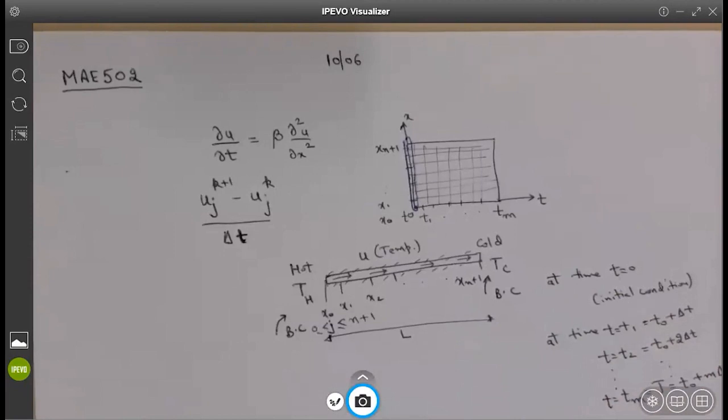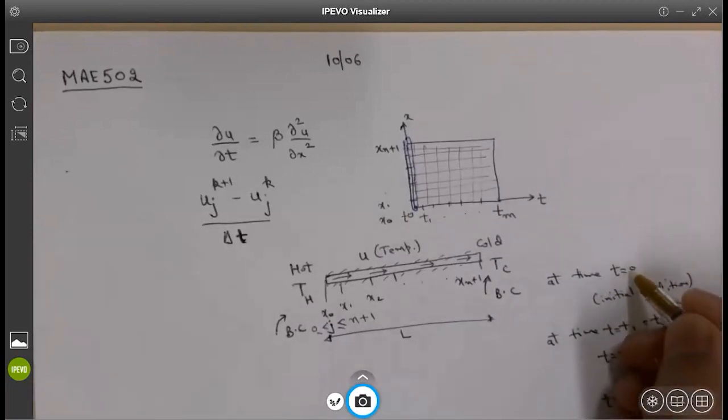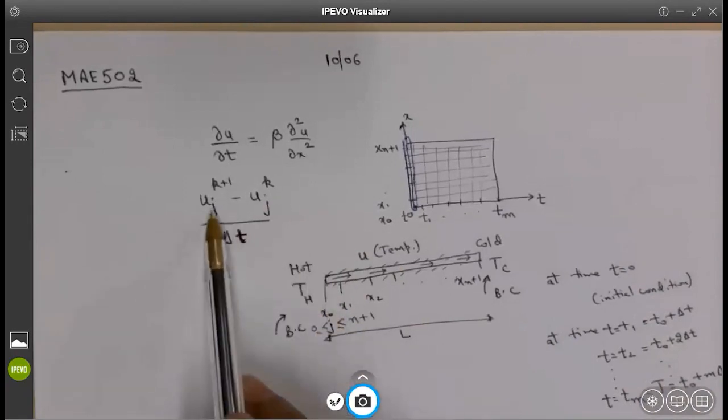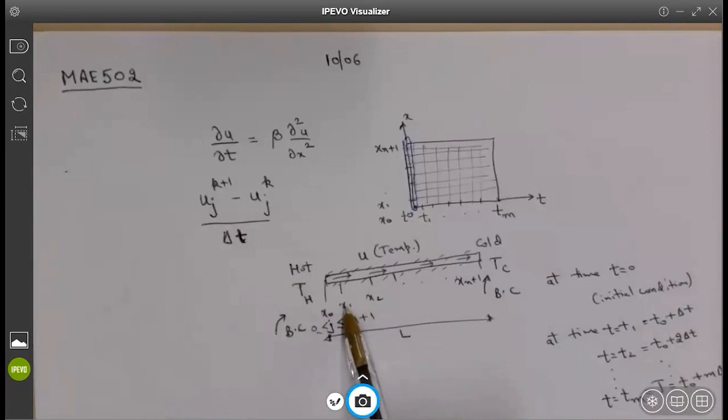Yeah, so far. If t0 is 0 seconds, then t is capital T times delta t. The subscript j represents the temperature at this grid point. If j is 0, then this represents the temperature at this point. If j equals 1, it represents the temperature at x1.